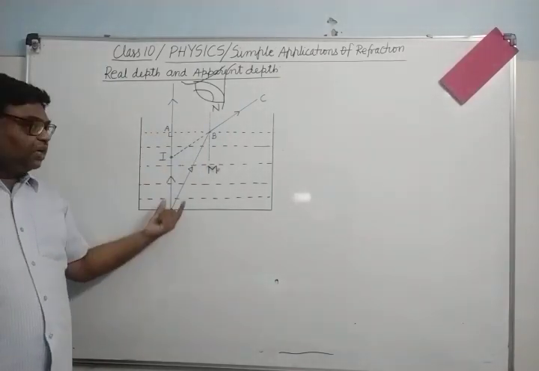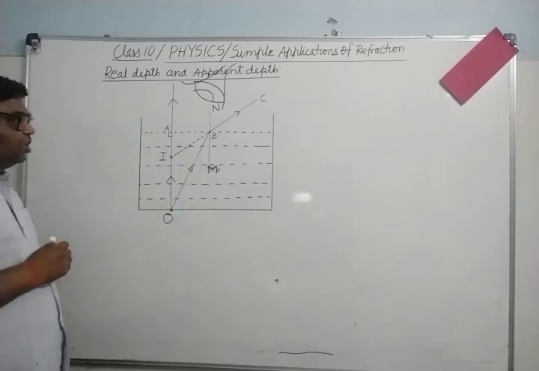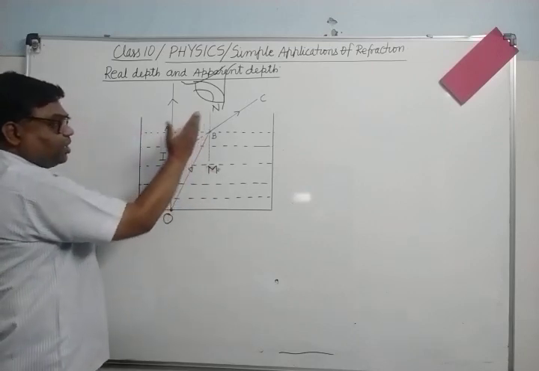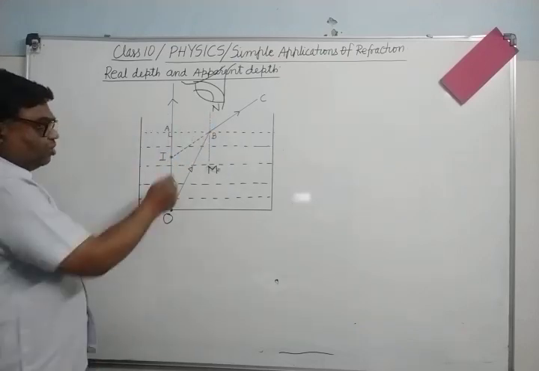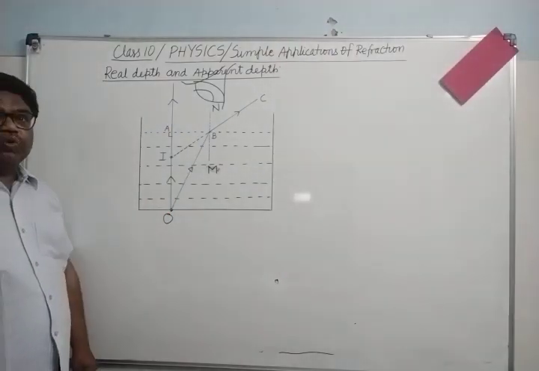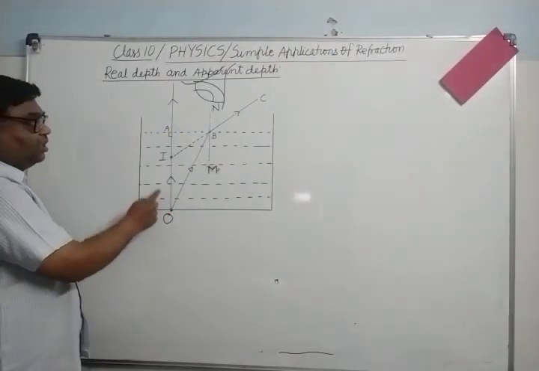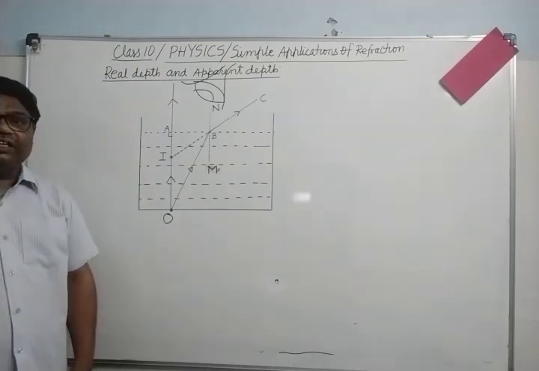As I have told, numerous rays will start. So only for clarity I have taken point B separated from A. Actually B will be very close to A, because only then will these two rays reach the eye simultaneously.